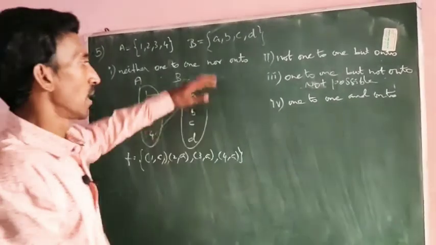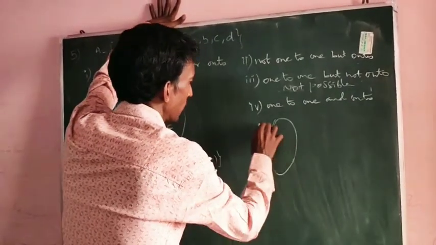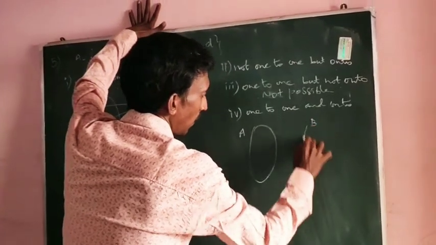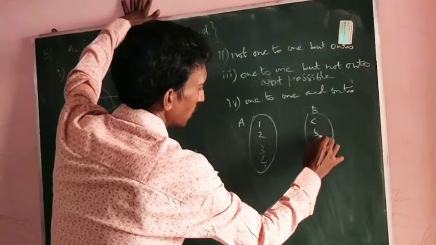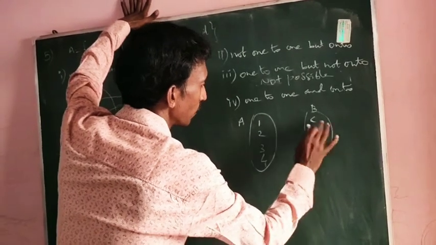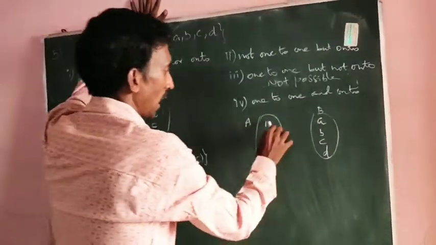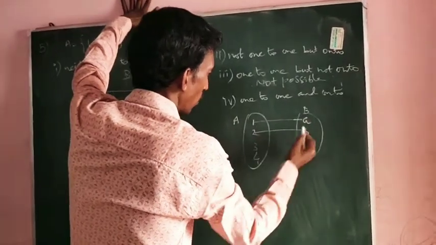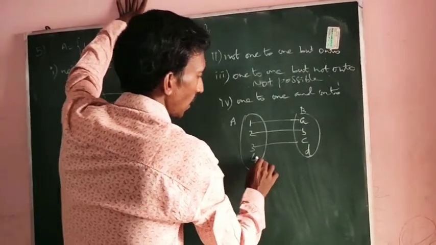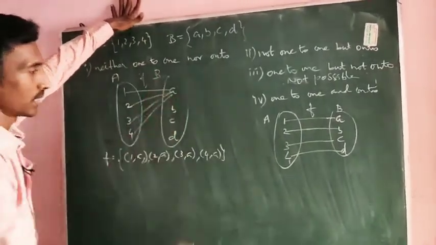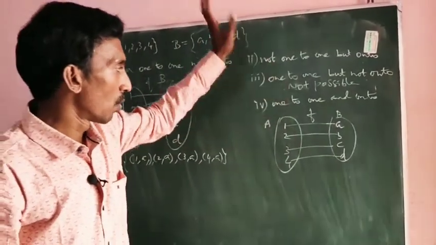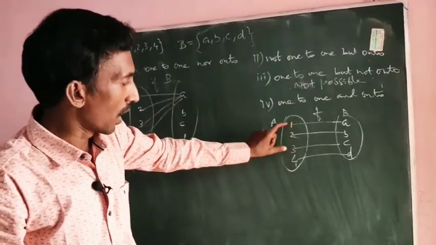Again the very simple example: A and B consist of 1, 2, 3, 4 and a, b, c, d. Look here, relate 1 to a, 2 to b, 3 to c, 4 to d. If we create a relation likewise, it is obviously one-to-one and onto.